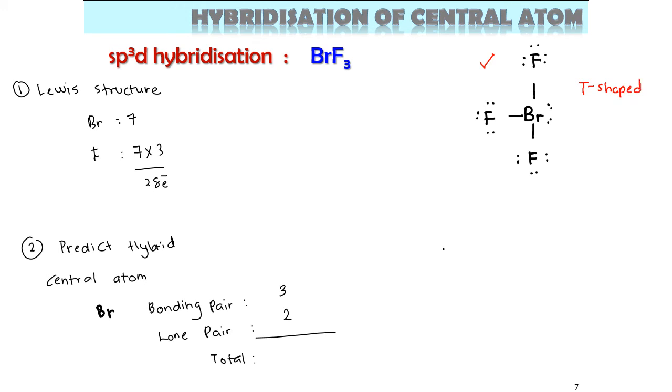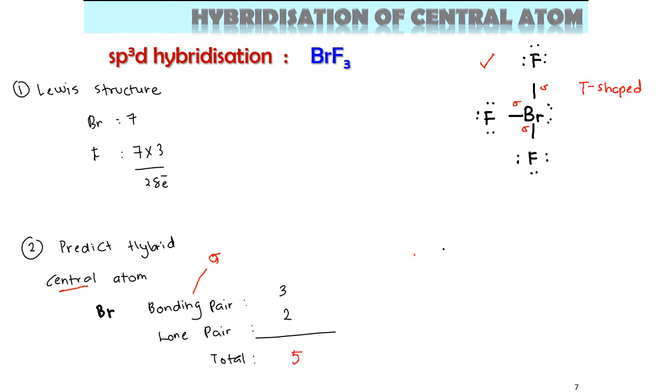So when you want to predict the hybrid of the central atom, look at Br. You have 3 bonding pairs, 1 sigma, 2, 3. For the bonding pair, you only consider sigma bonds. And then lone pairs for bromine, you have 2, and the total will be 5.